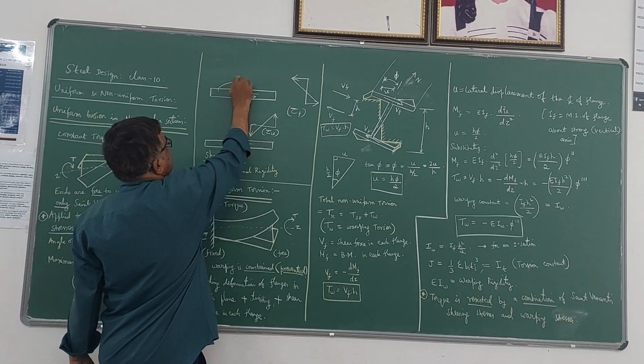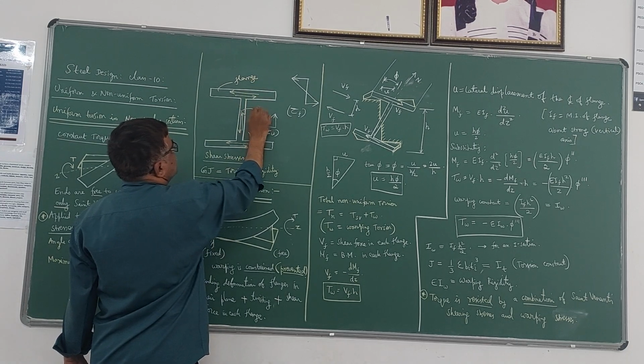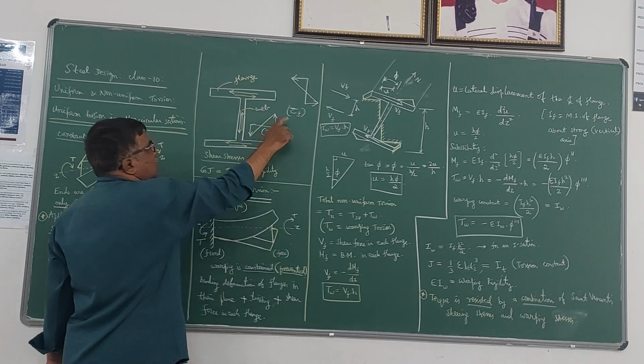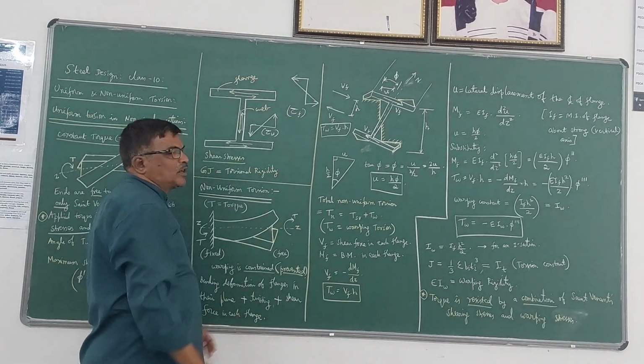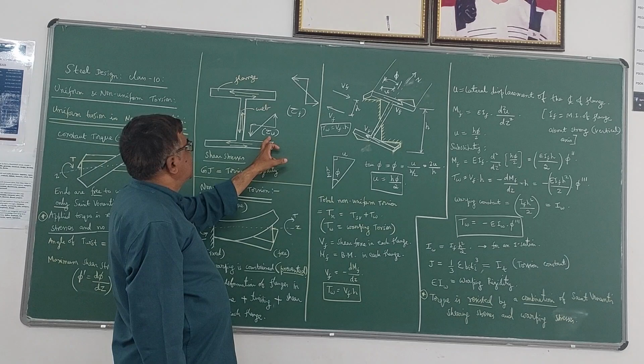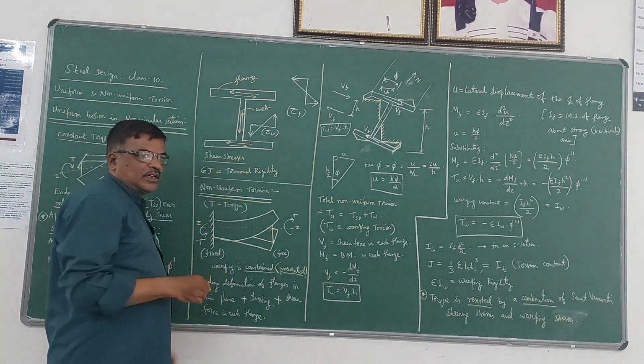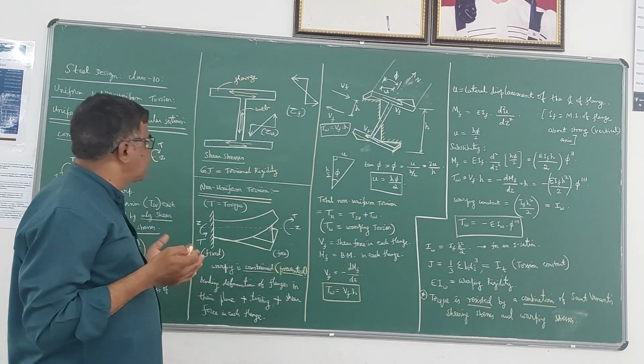So this is the flange. This is the shear stress distribution in the flange, and this is the distribution in the web. I have shown it separately here. Tau F is the shear stress in the flange, and tau W is the shear stress in the web. So this is the direction. We can call it shear flow.